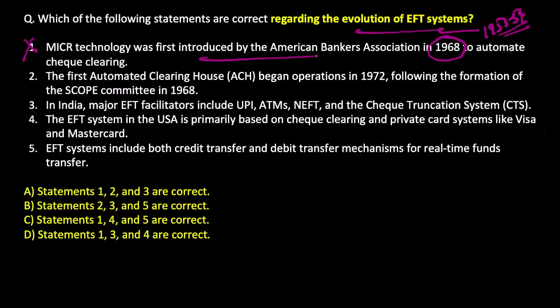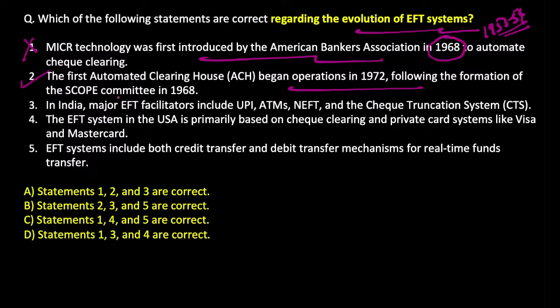MICR technology was first introduced by the American Bankers Association to automate the clearing of cheques. It was introduced by the American Bankers Association, but the timing was the 50s. The first automated clearing house began operation in 1972 following the formation of the SCOPE Committee in 1968.